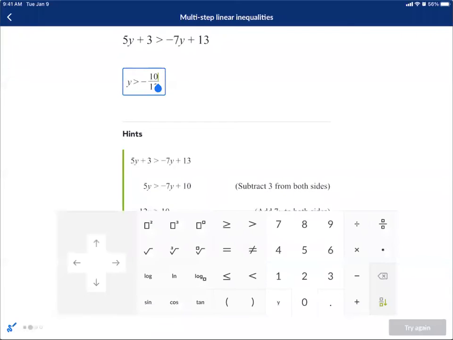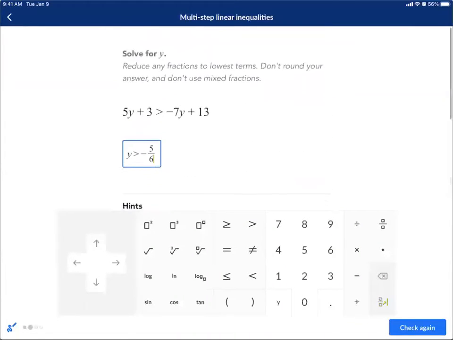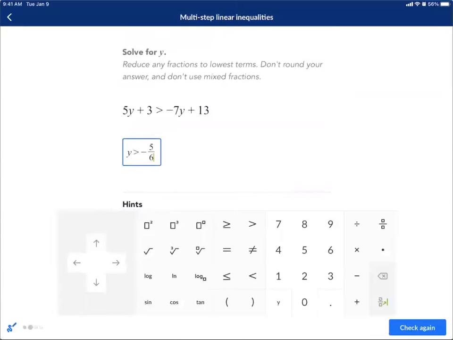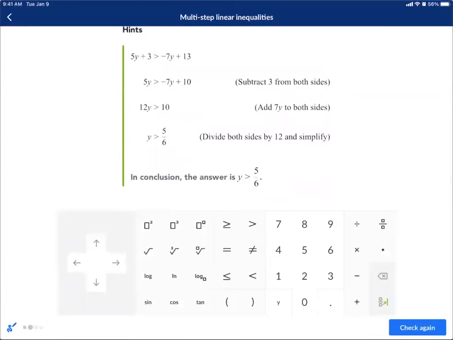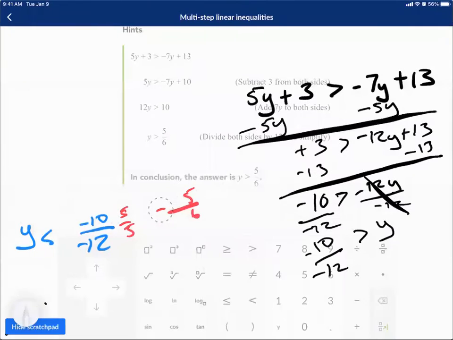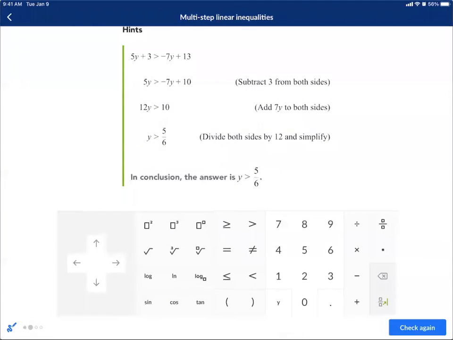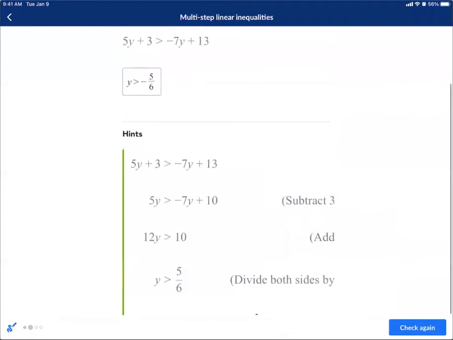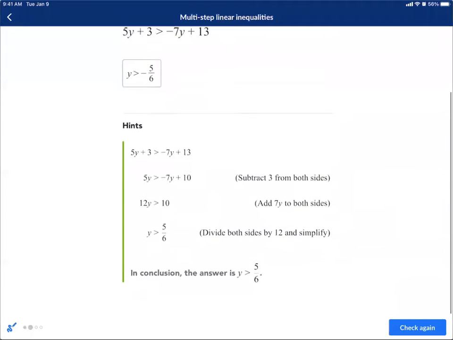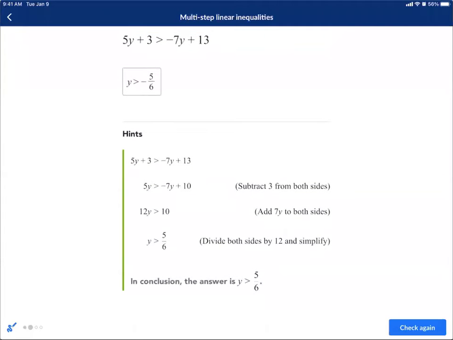So let's go ahead and do that. And then we still have the... Wait, what happened? Did I do something wrong? Let me see something. Oh, right.